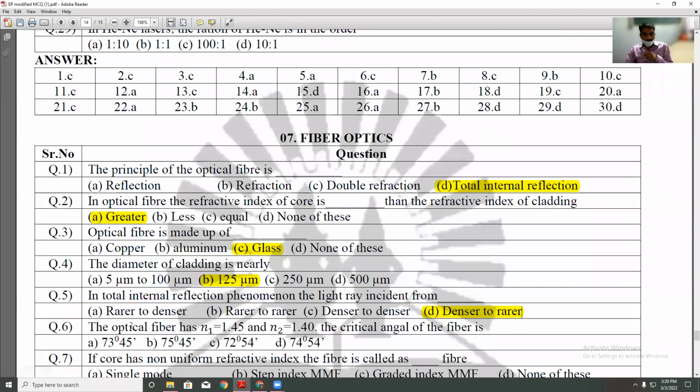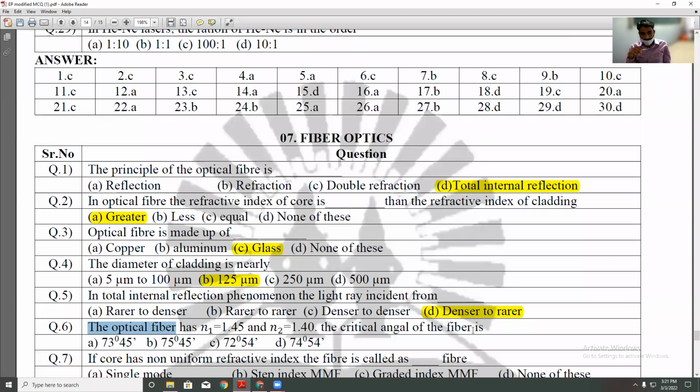Please calculate it. The optical fiber has a refractive index N1 is equal to 1.45 and N2 is equal to 1.40. The critical angle of the fiber is, okay, in this MCQ, what is the equation and the formula?